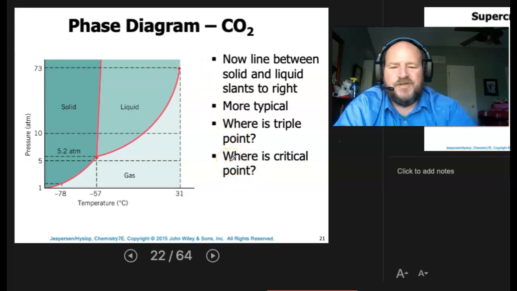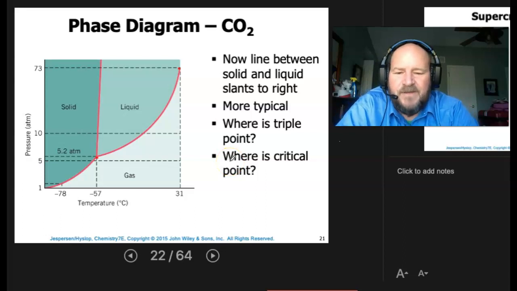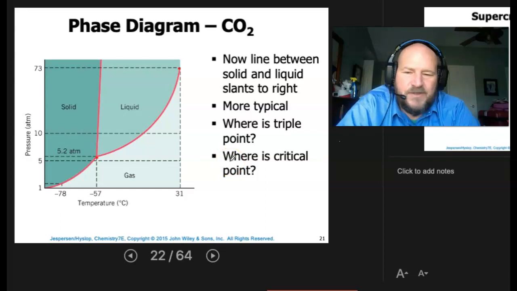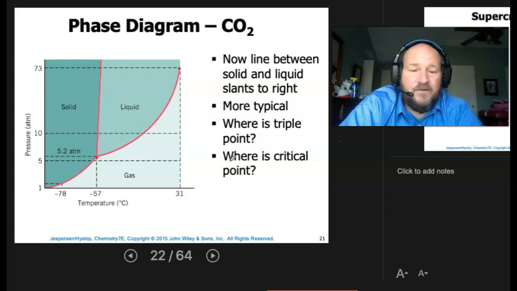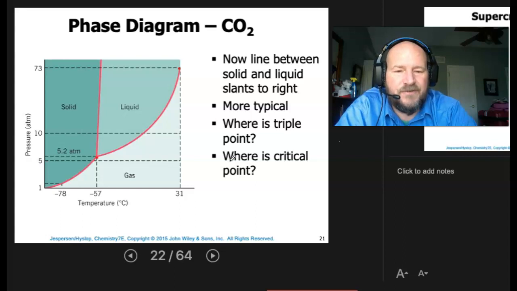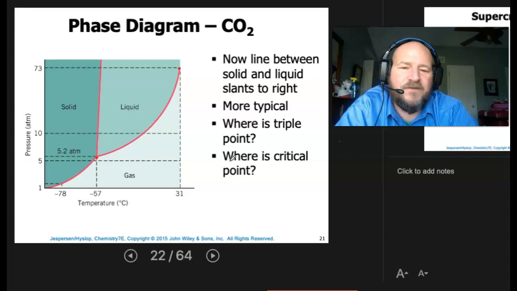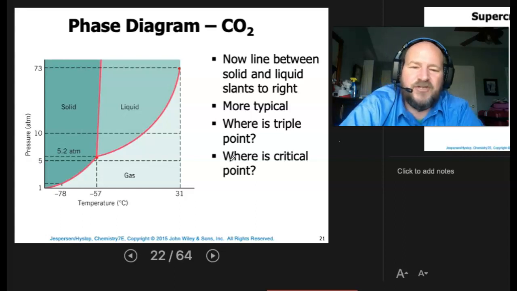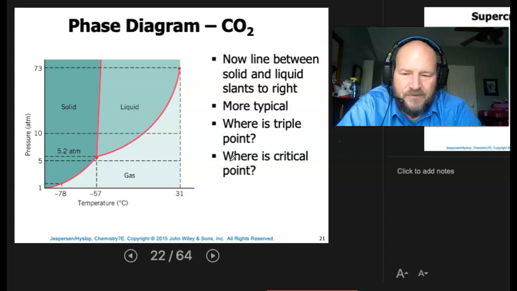All right, so what should you expect for a test question here then? Well, if I were going to give you a test question based on phase diagrams, which I will, typically I give you the phase diagram, tell you what the material is, and then ask you questions about where is the triple point? What's the pressure of the triple point? What's the temperature of the triple point? What is the pressure of the critical point? What is the temperature of the critical point?